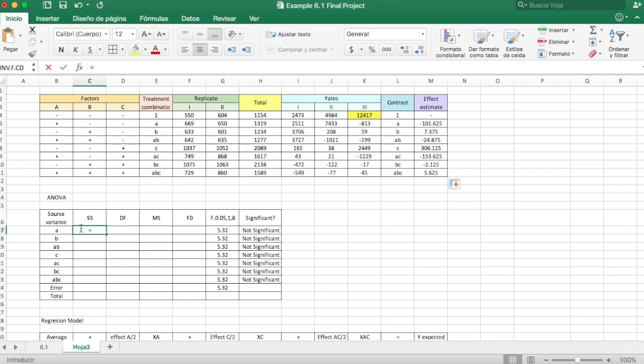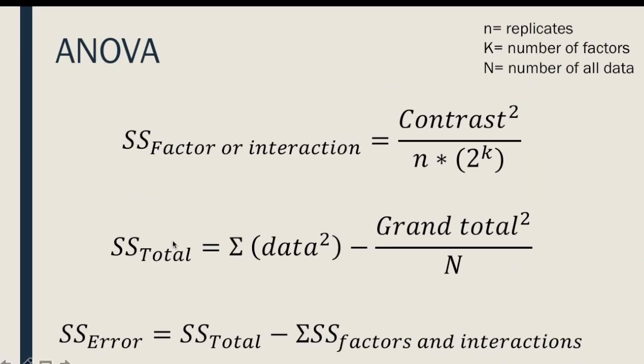So we go back to Excel, and for factor A it is the contrast squared over n, that is 2, times 2 to the 3, that we said was 8, and this is the sum of squares. And we are just going to scroll down.